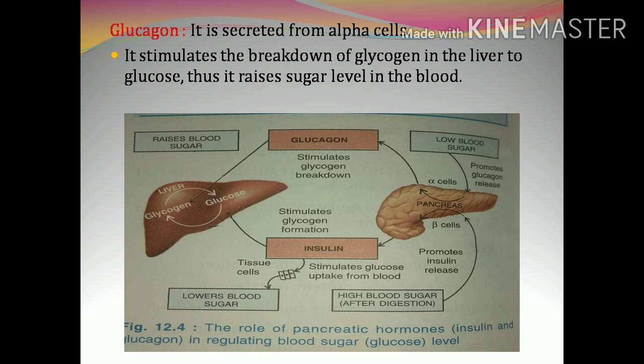We can see in the diagram the role of pancreatic hormones, that is the role of insulin and glucagon, and how they control the sugar level in the blood. This diagram gives the information on how the sugar level is controlled in our blood with the help of insulin and glucagon hormones.